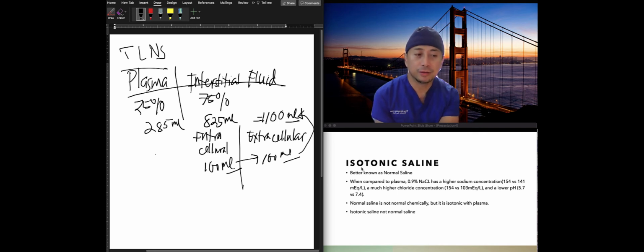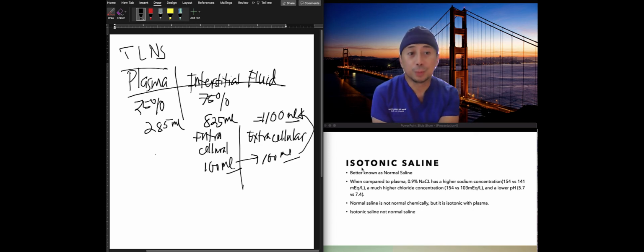It's higher versus 141 milliequivalent per liter. And it's also higher in chloride concentration, so 154 versus 103. It has a lower pH, 5.7 versus 7.4.